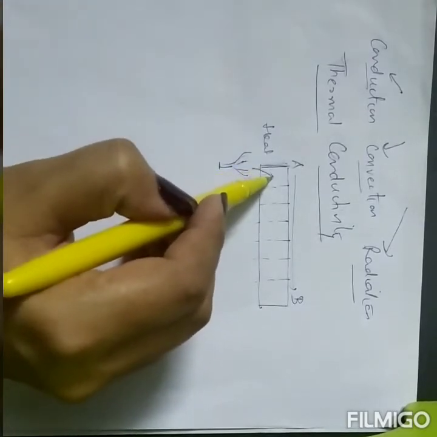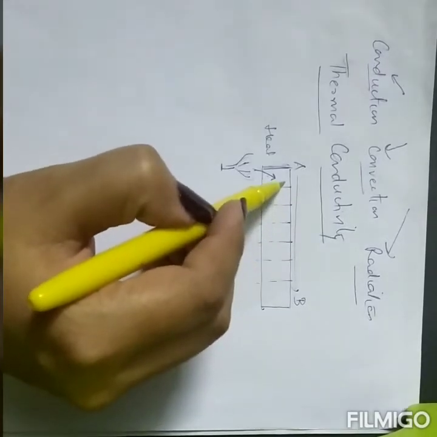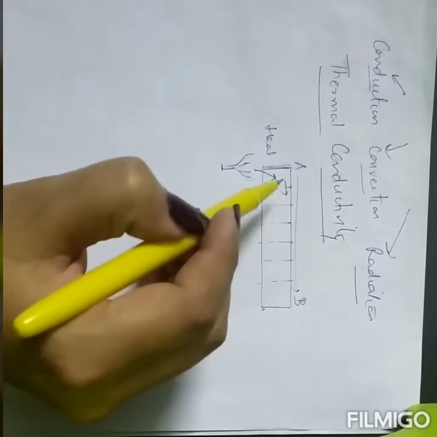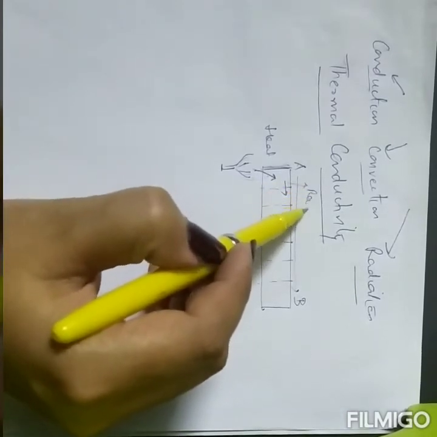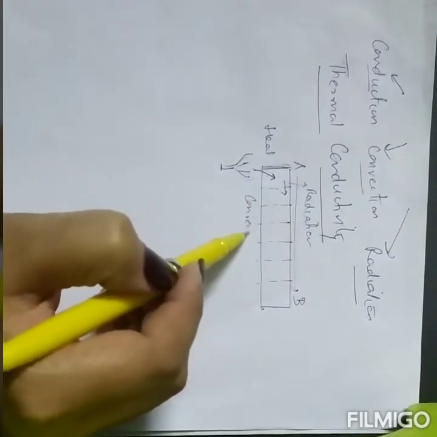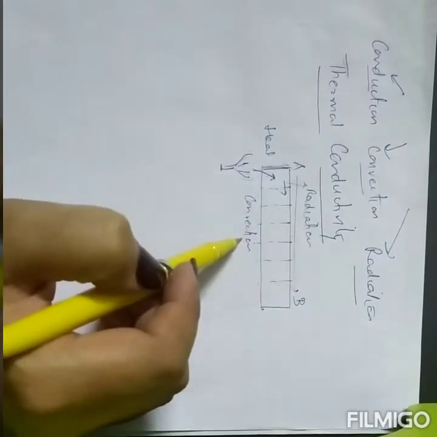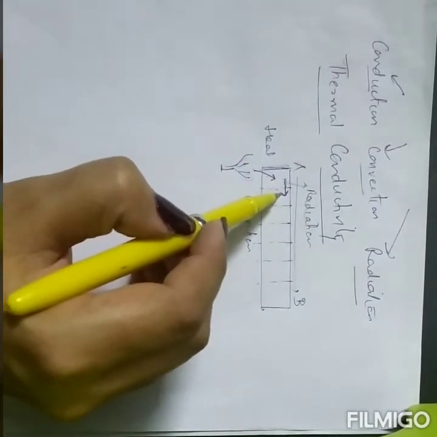Whatever heat it absorbs, it passes some amount to the next cross section. Some heat is lost due to radiation as well as convection.